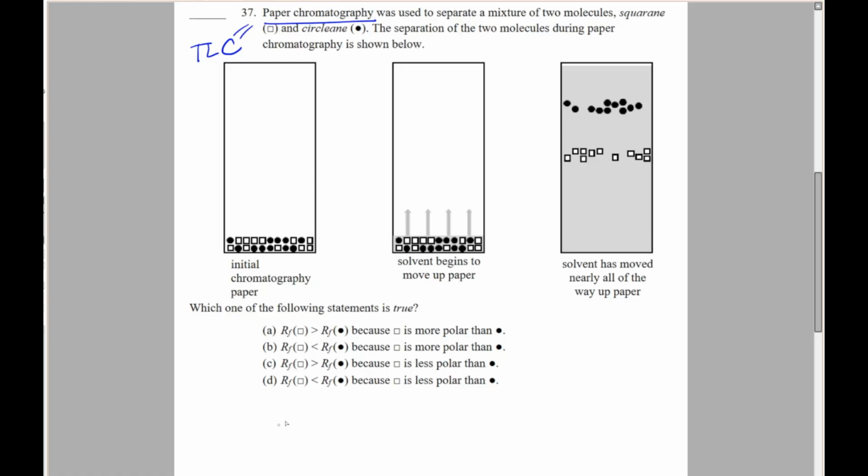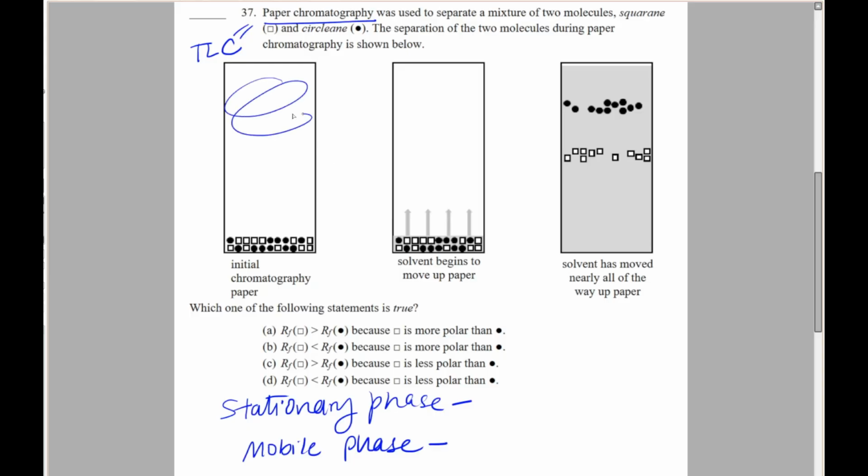So in TLC, we have 2 phases. We have the stationary phase, and we have a mobile phase. The stationary phase is just this solid thing that's on each of these plates.